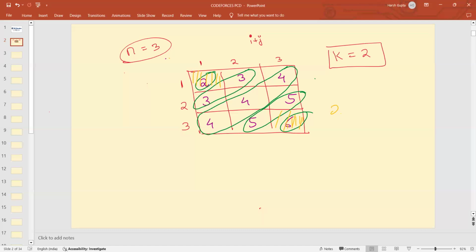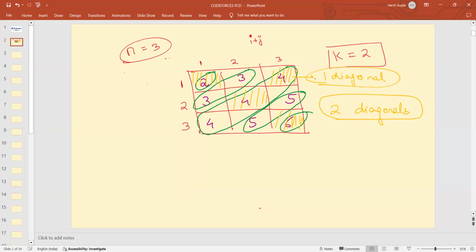There are two diagonals occupied, right? But if I place one chip over here and one chip over here, how many diagonals will be occupied? Only one diagonal, right?